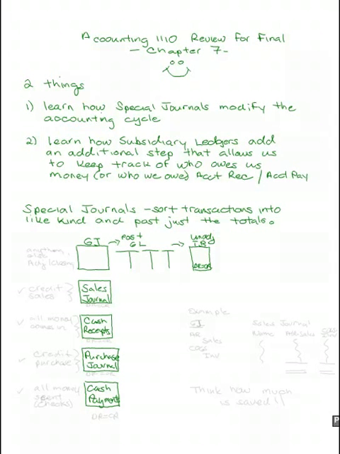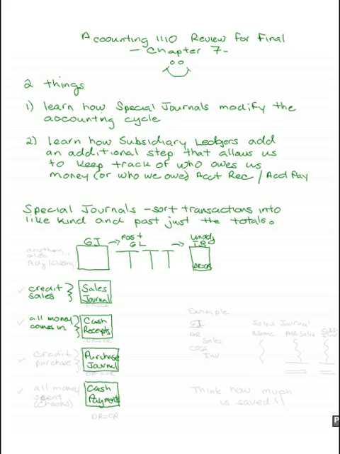So what goes in each of these journals? Well, in the sales journal, you pick up just credit sales and nothing else. In the cash receipts journal, you record all money from whatever source you receive it. All money that comes in to a business gets recorded into the cash receipts journal.